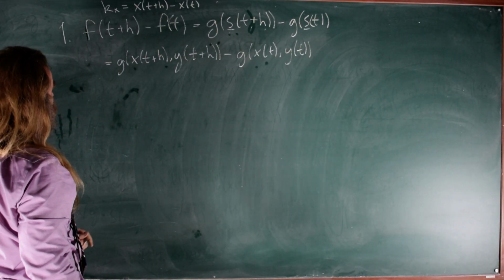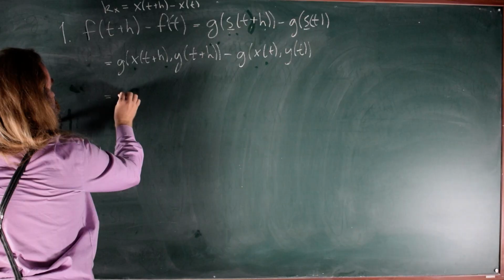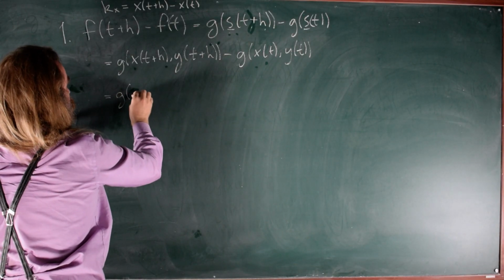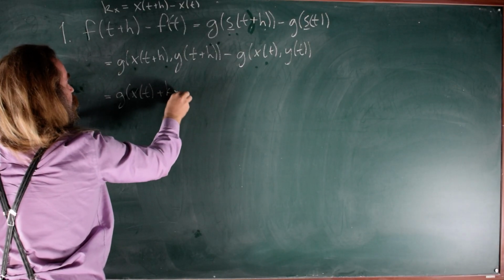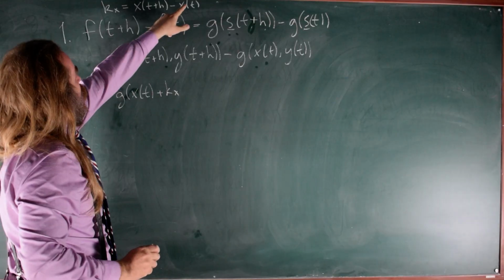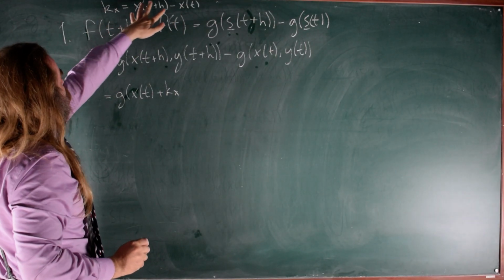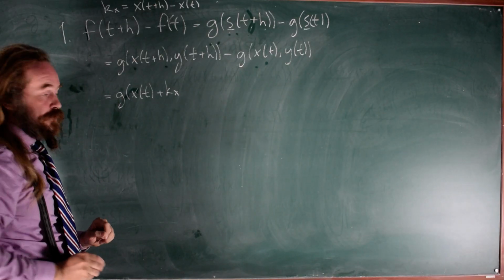If I use that here, what I get is g of x of t plus kx. If I isolate this term in this definition, I add this to the other side, and I get that this is equal to x of t plus kx, which is exactly what this is. Beautiful.